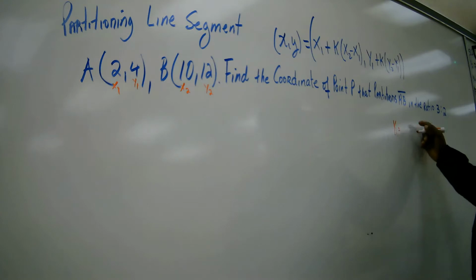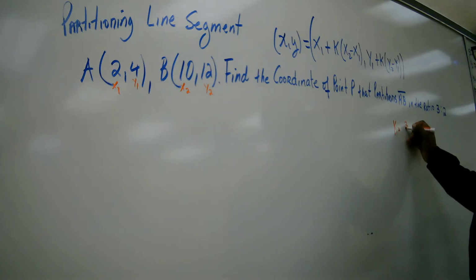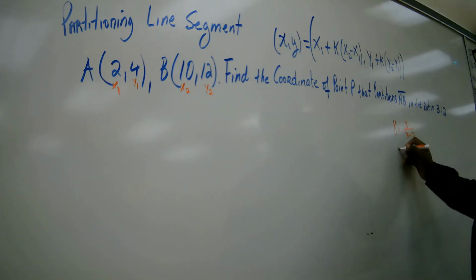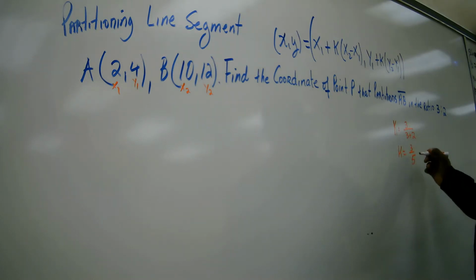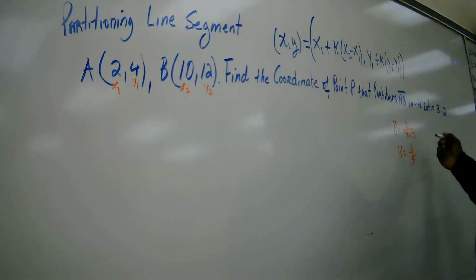Since we're moving from A to B, we take the first part of the ratio, which is 3 over 3 plus 2. Then therefore, your k is 3/5. This is the factor that we need to find.